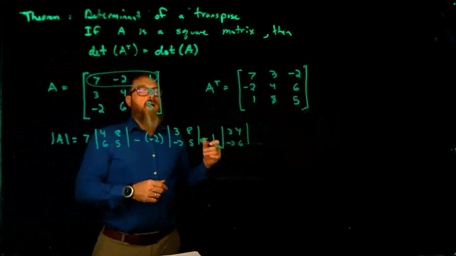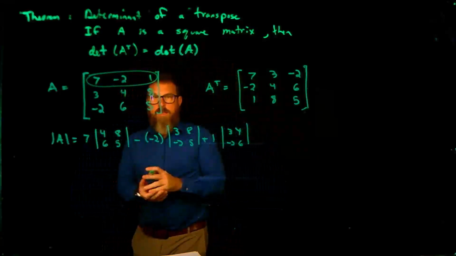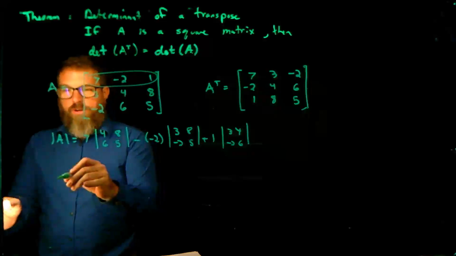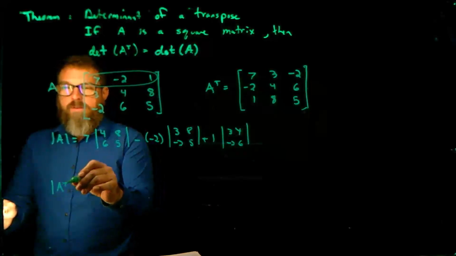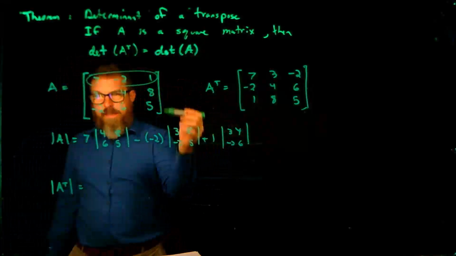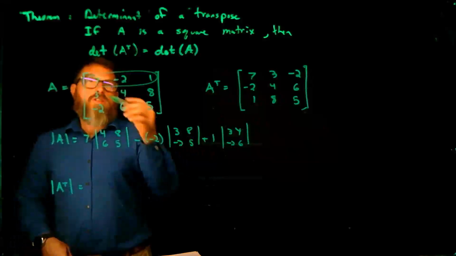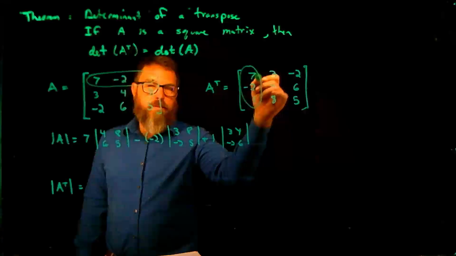Now, what I want to also do is find, say, the determinant of A transpose, and I would like it to kind of look the same just to make sure that we have something similar. So if I was going to find A transpose, what kind of expansion would I use to show that I get the identical thing? Since all rows become columns, if I'm using row 1, I'm going to use column 1 right here.